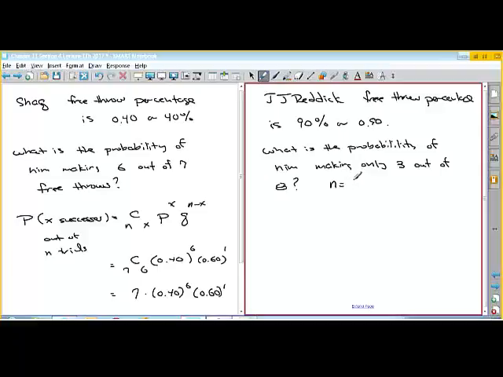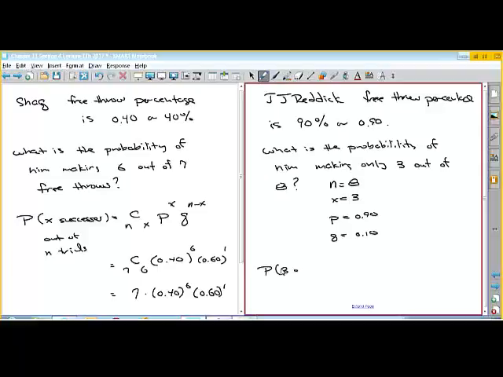So n is the number of trials. So how many trials do we have? 8. Okay. How many successes do we have? And what's the probability of success? Yeah. What's the probability of failure? Okay.